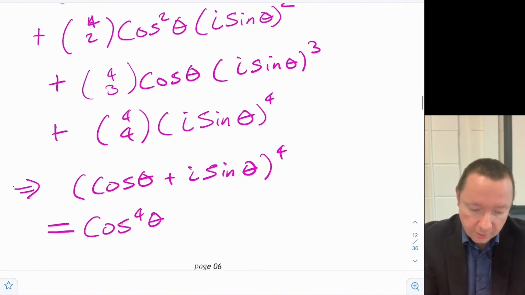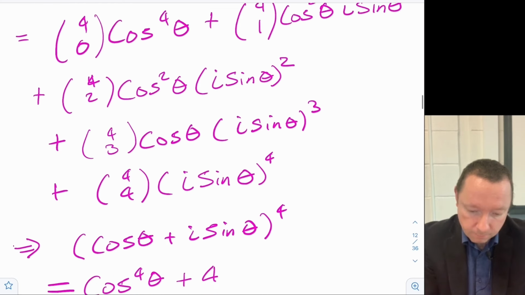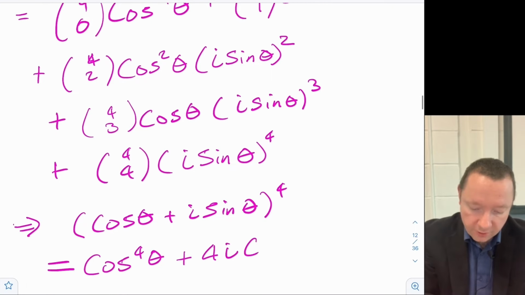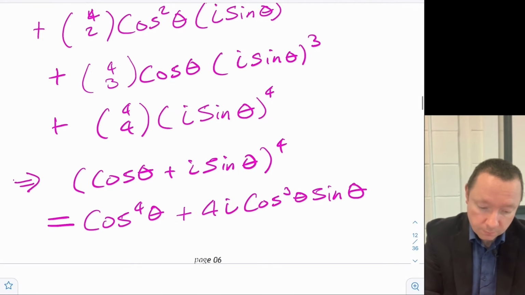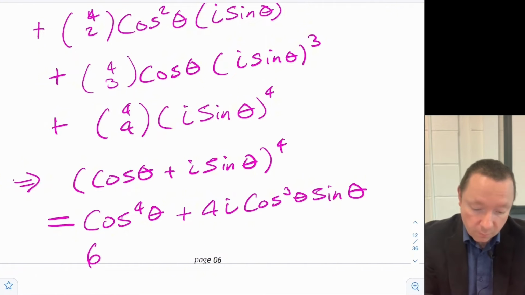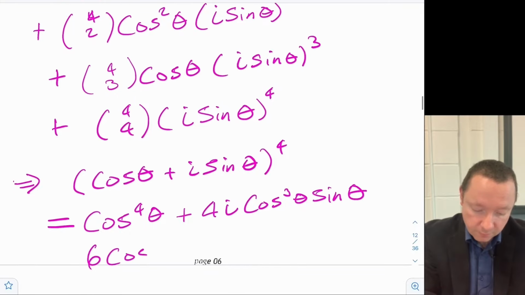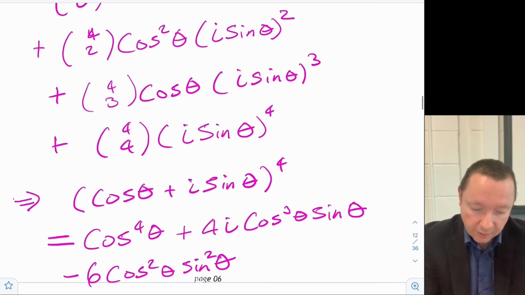So you've got 4i cos cubed theta sin theta. Then you've got 4 choose 2, so that's 6. And then it's cos squared theta sin squared theta, but it will be minus because i squared is minus 1.